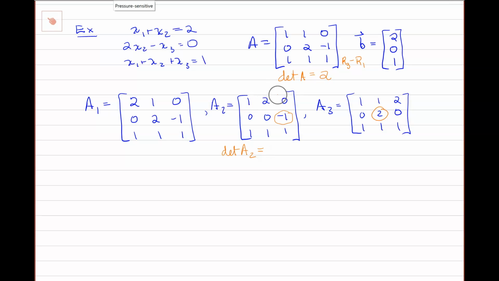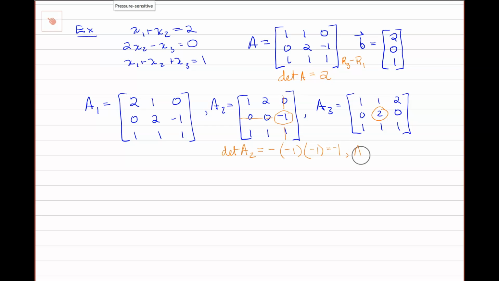Plus, minus, plus, and then this is going to be below a plus, so it'll be a minus. So I'm going to have negative 1 times the determinant of what I get when I cross out that row and column. So that'll be 1 times 1 minus 2 times 1. That's negative 1. So altogether this is negative 1.